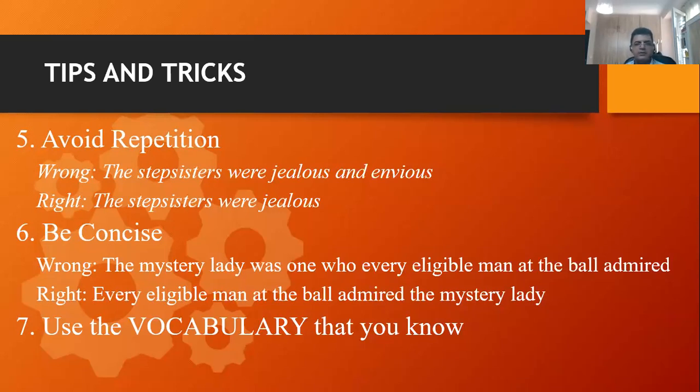So tip number 7: use the vocabulary that you know. Don't try to use big words in your academic writing just because it is academic. In academic writing, as we said, the purpose is to communicate. The more clearly you write and the more common words you use, the better the reader will understand.